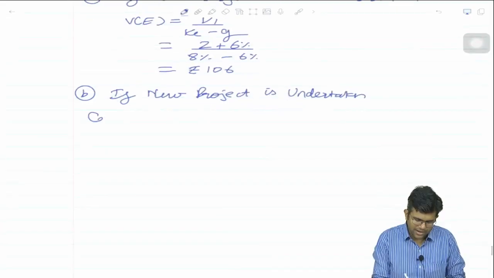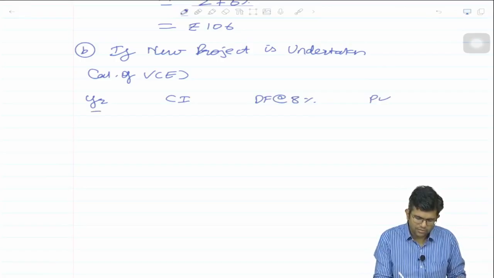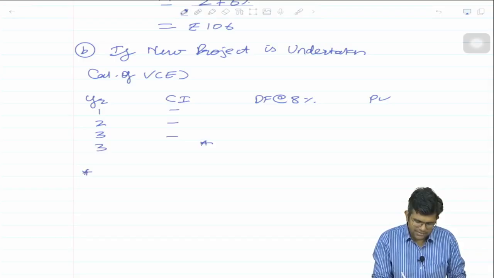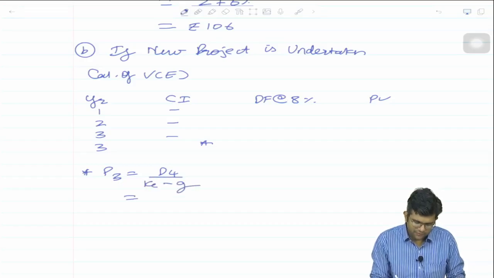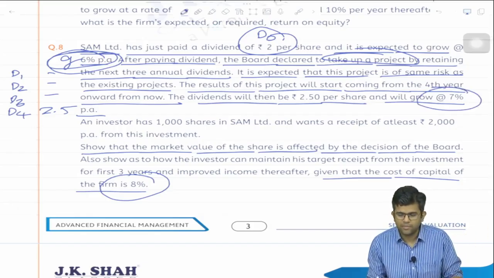calculation of V of E, I'll do year, cash inflow, DF at the rate 8%, present value: 1, 2, 3, 3, dash, dash, dash, and then P3 is equal to D4 upon KE minus G. D4 they are saying will be 2.5 upon 8% minus 7%, as from there the dividends will grow at the common rate of 7%.